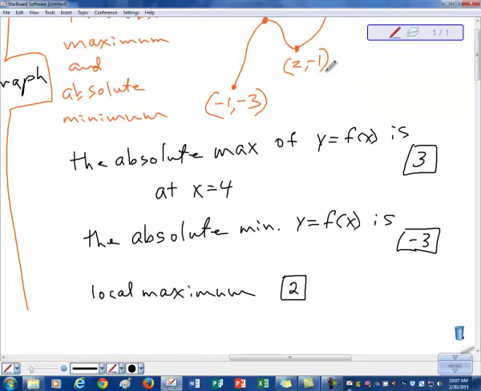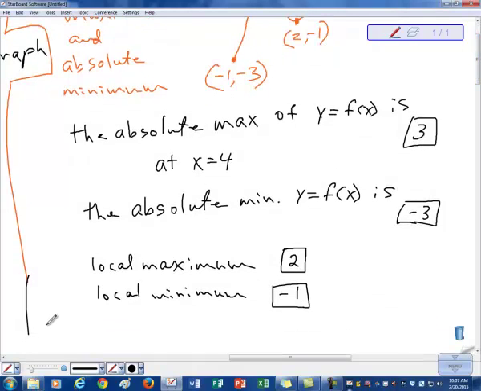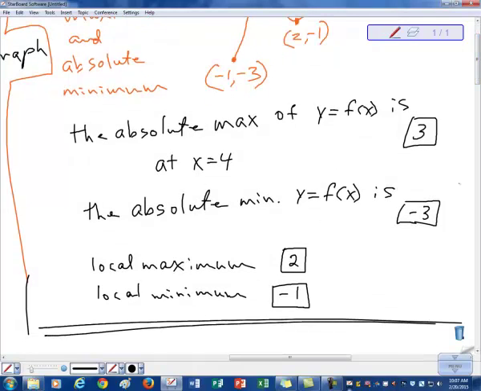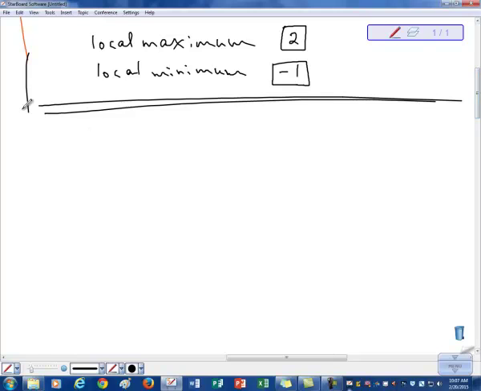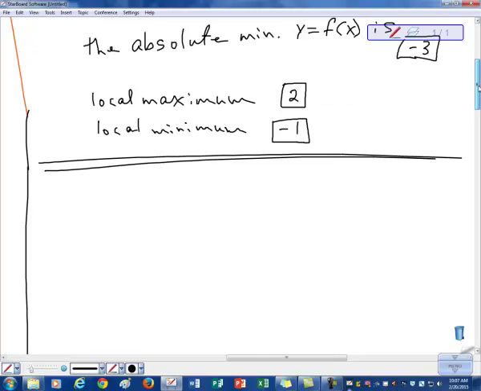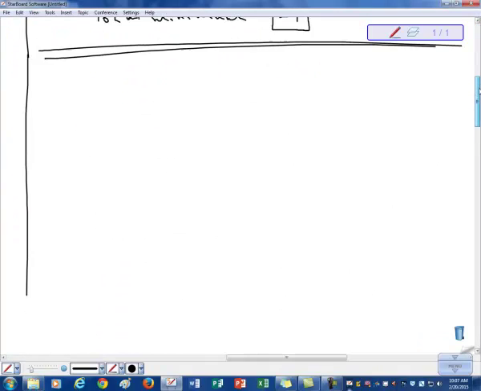Alright, and then the local minimum, you should have said -1. Okay, so that's pretty straightforward. Alright, and that was question 6.